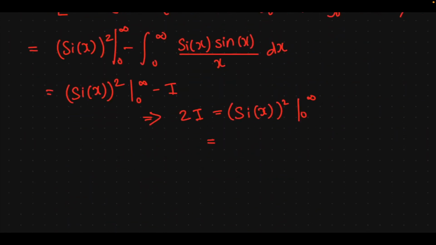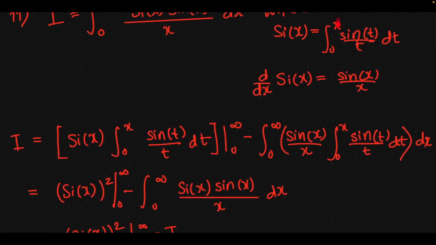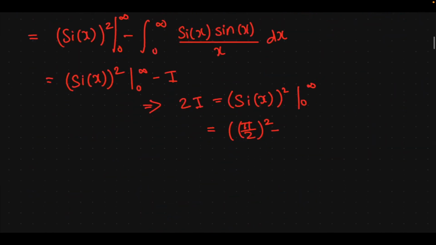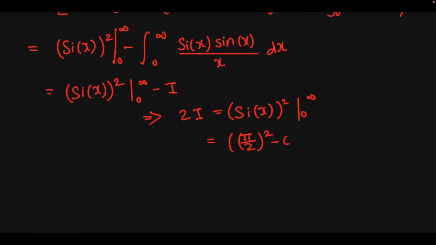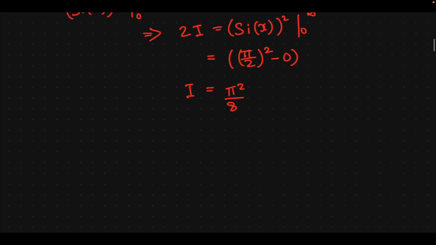So that's pi over 2 squared, minus, well, when we plug in 0, we have the integral from 0 to 0, which is just 0. So in the end, after simplifying everything, I is just pi squared over 8. That's how we solve number 11.